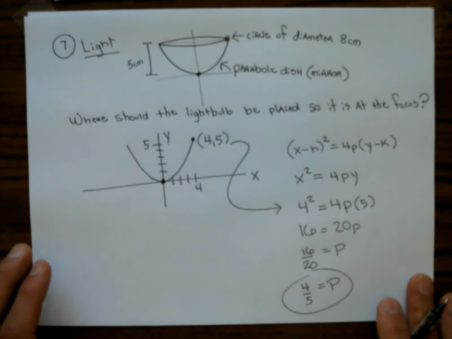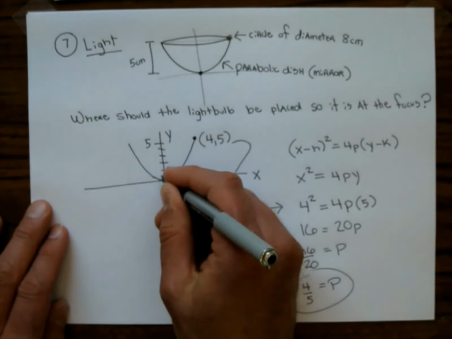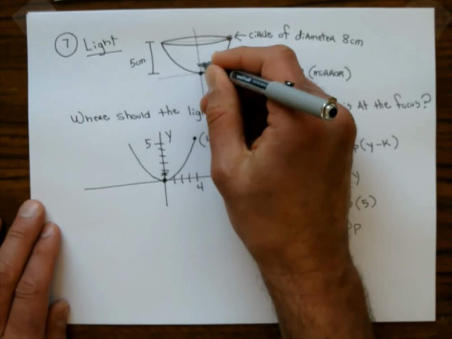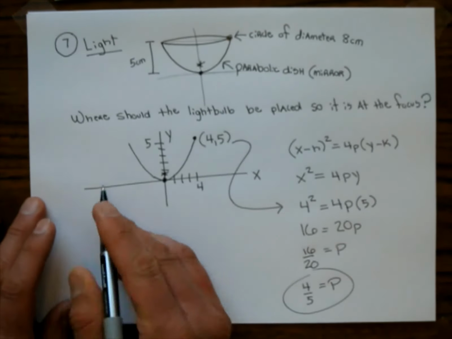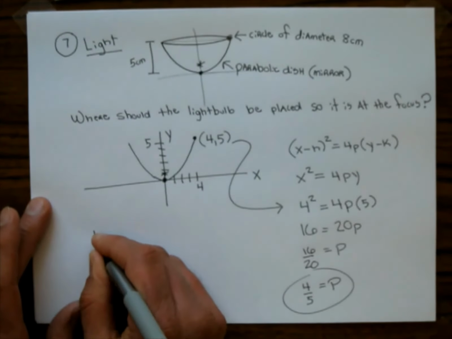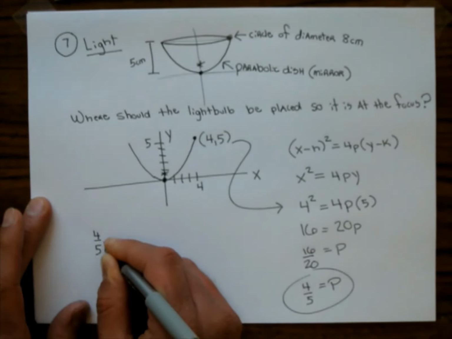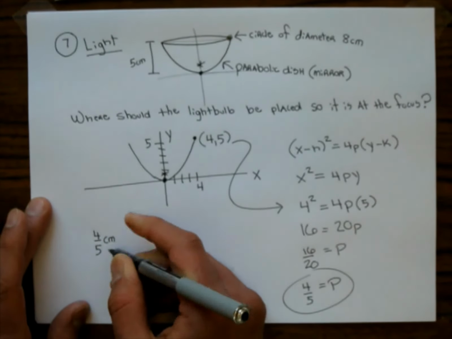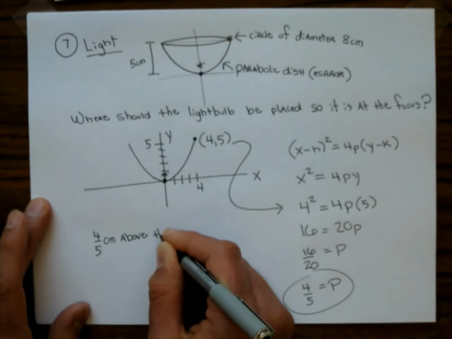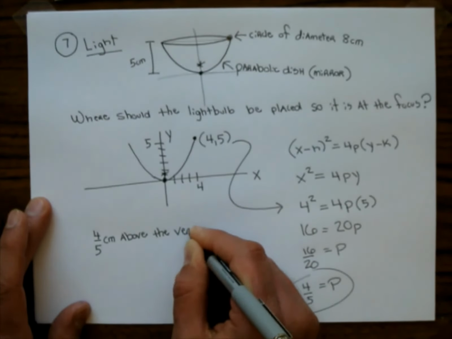So the answer to this, 4/5 is right here. Now we go back to this. That's where the focus is. Where should the light bulb be placed so that it is at the focus? We're going to say 4/5 centimeters above the vertex.